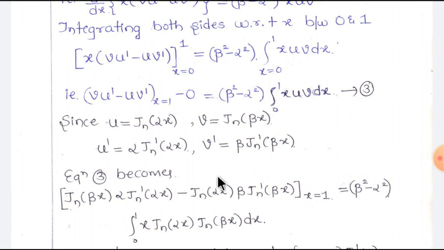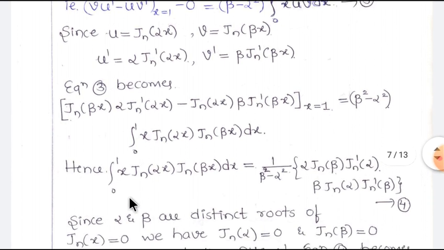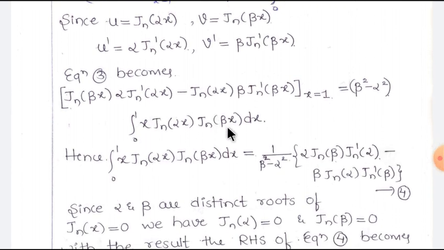Here also the integration is the same, 0 to 1, x kept as it is. We know the values of u and v, so substitute these two values into dx. Hence, the integral from 0 to 1 of x into Jn of alpha x into Jn of beta x into dx is equal to, taking this value to this side, 1 divided by beta square minus alpha square.